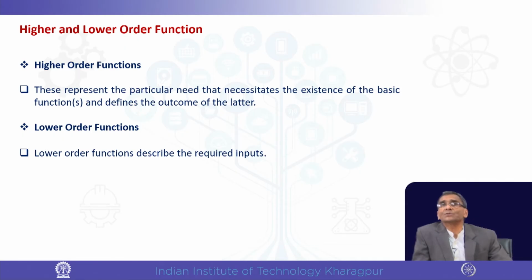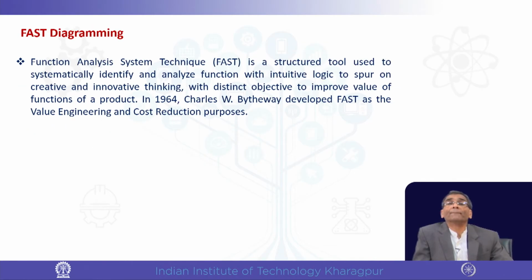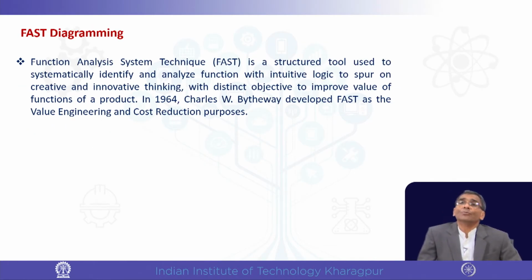These are the things to understand to create a base, but it will be more clear as we use them in a model, graphically, pictorially, with examples. Before we actually take up the examples, we need to talk briefly about FAST diagramming.